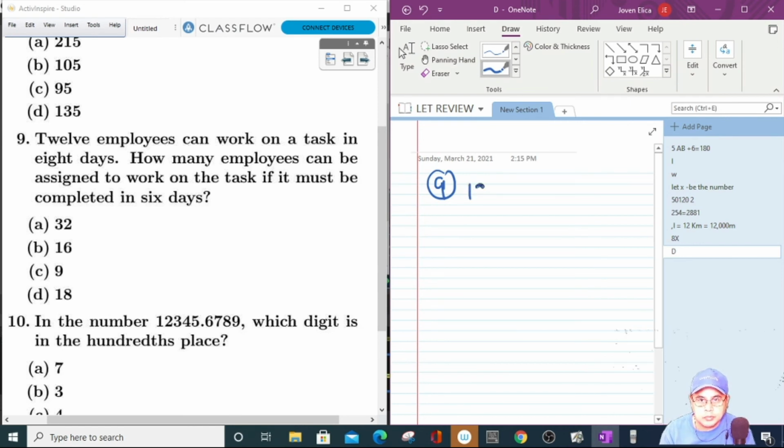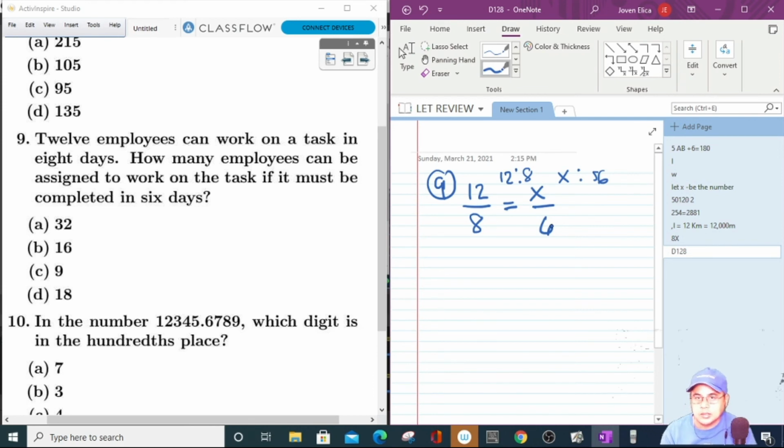So if 12 employees can finish the work in 8 days, 12 is to 8, the same as 12 divided by 8, is also equal to x. The x is the number of employees that can be assigned to finish the job in 6 days, so x is to 6.